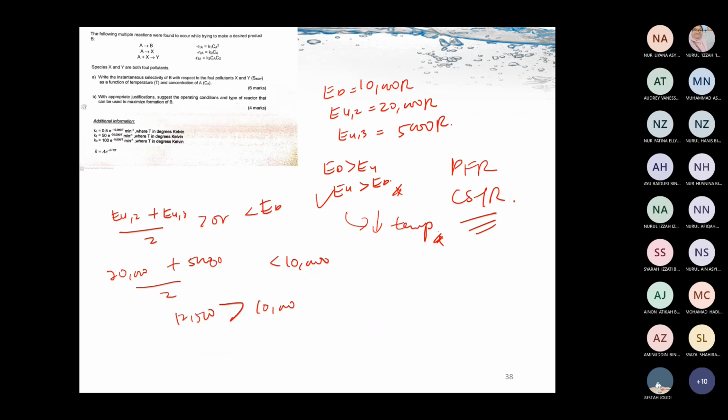Ingat balik yang gambar raja yang saya pernah tunjuk tu, yang previous lecture. Cepat, PFR ke CSTR? Saya bagi 50 sen kalau betul. Cepat, PFR ke CSTR? Anyone want to answer?